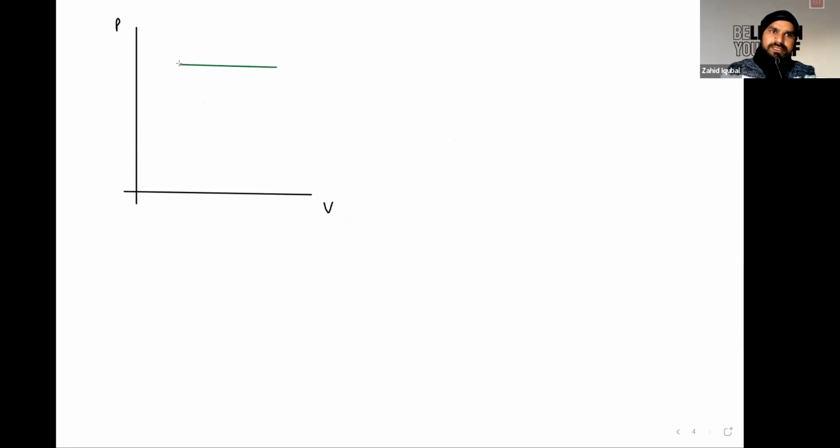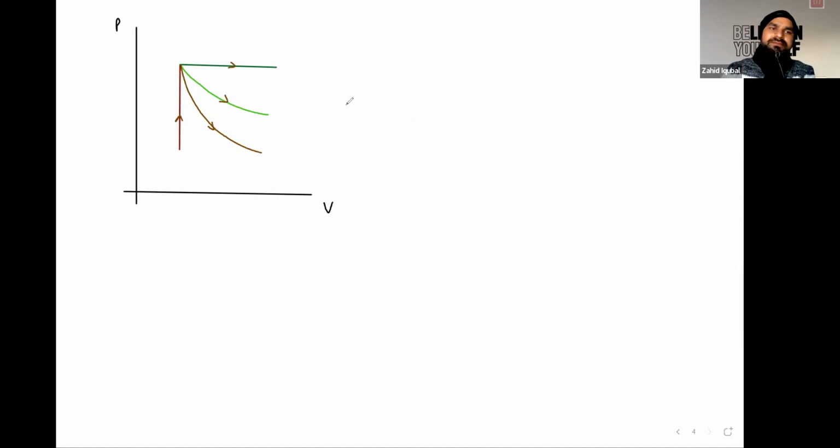Let's say one of the curves is this, and one of the curves is this. Which of these curves is isobaric, isochoric, adiabatic, isothermal? You have to name these different curves according to the process.